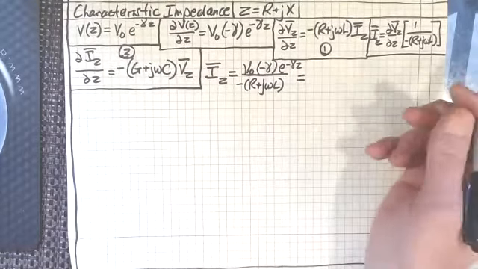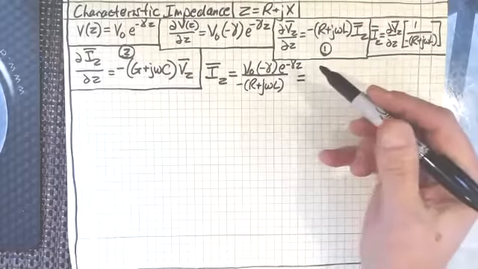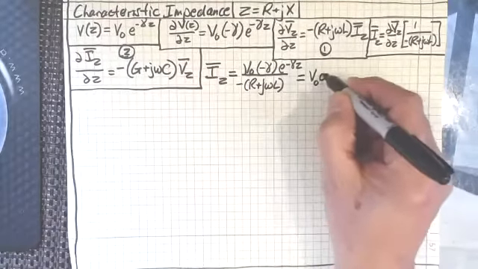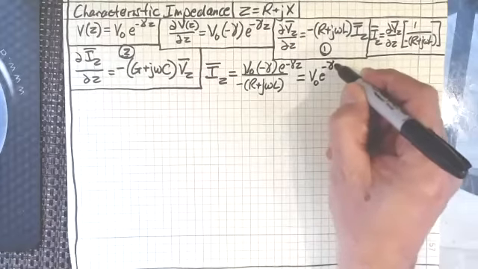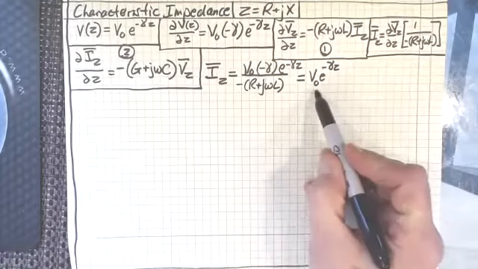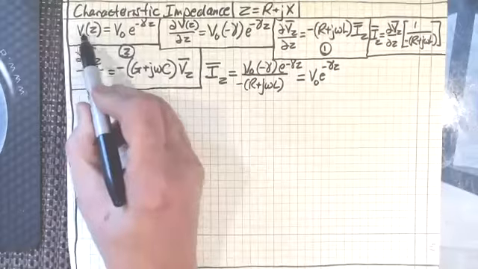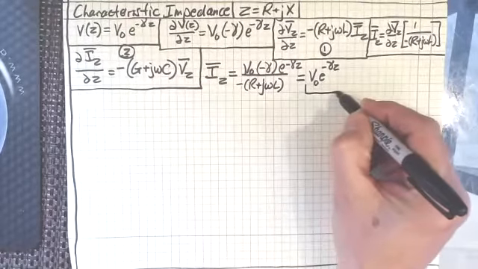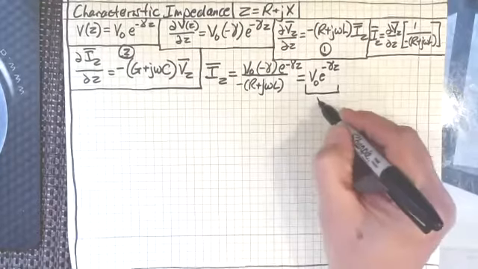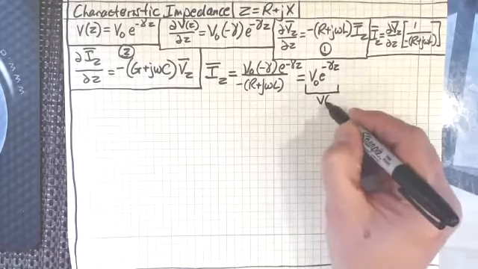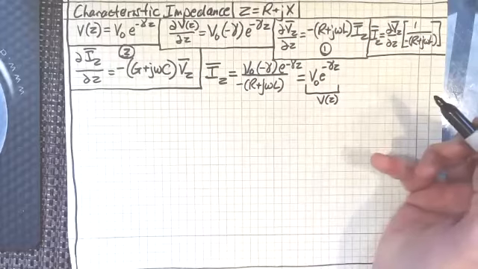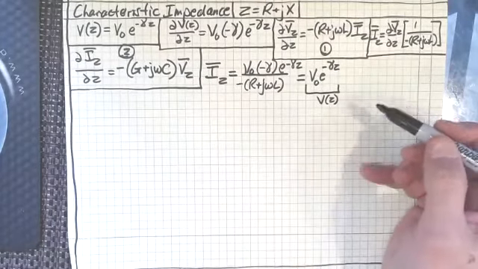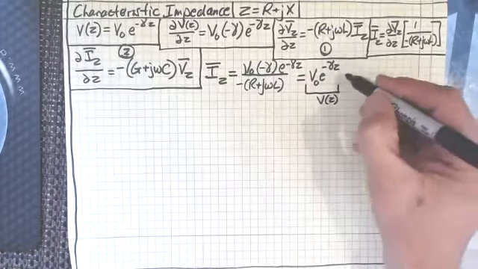Now, let's expand that out a little bit. I still have v sub 0 e to the minus gamma z. Where have I seen that before? Oh my God, that is v of z, isn't it? So this right here is v of z. I think everybody can see that, right? And then let's expand out minus gamma.